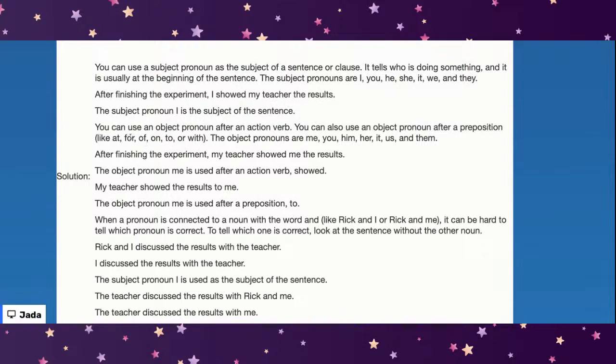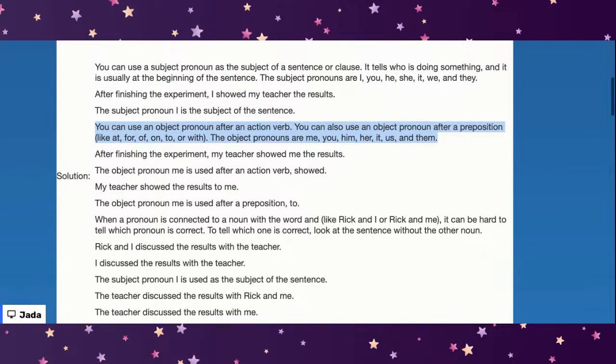All these are prepositions that you can use an object pronoun after. We also have the object pronouns: me, you, him, her, it, us, and them. There are lots of lists here of the subject and object pronouns that you need to take note of also.